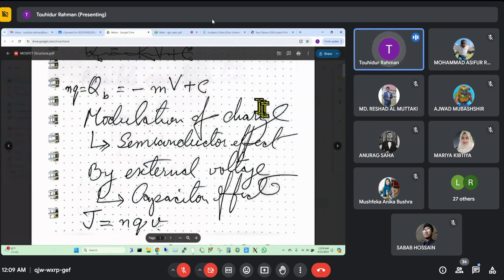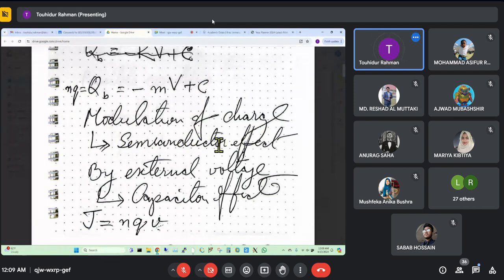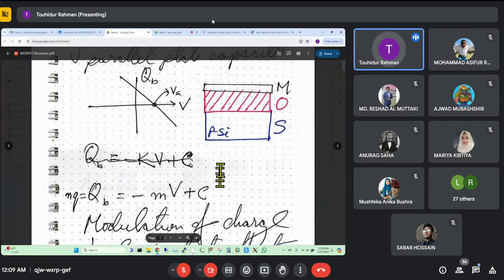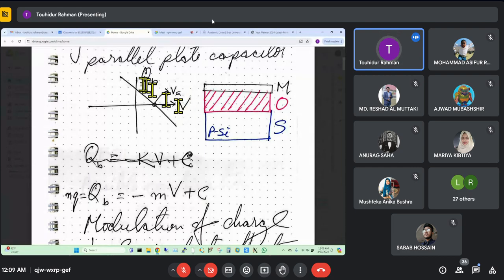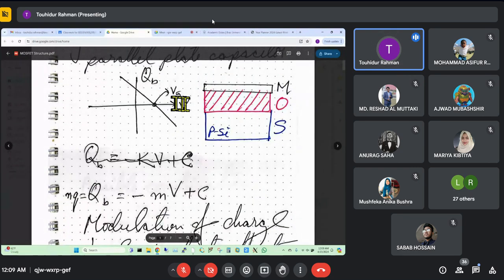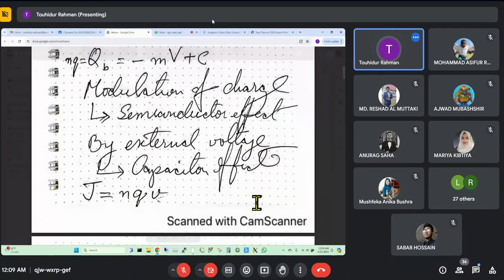So change of carriers is a semiconductor effect, and the external voltage is a capacitor effect. That means we can change the carrier concentration by applying voltage. Changing charge is a semiconductor effect, and applied voltage is a capacitor effect.